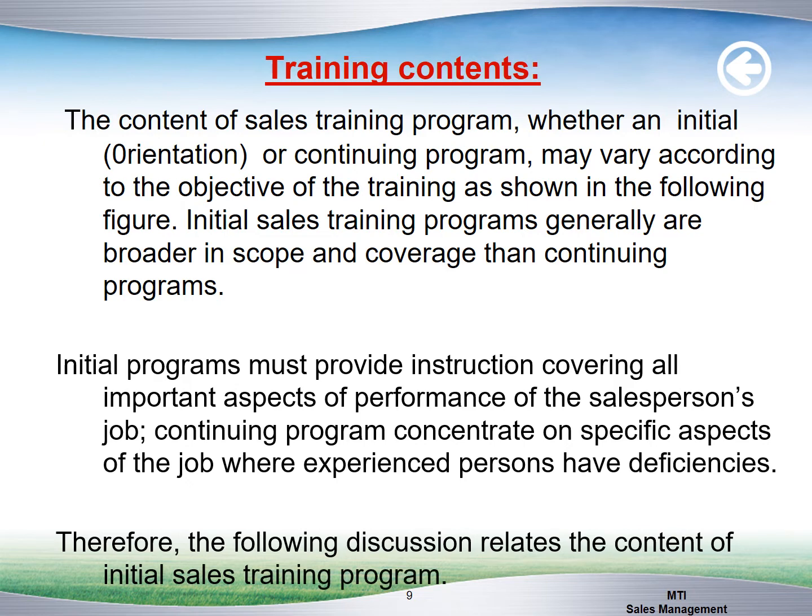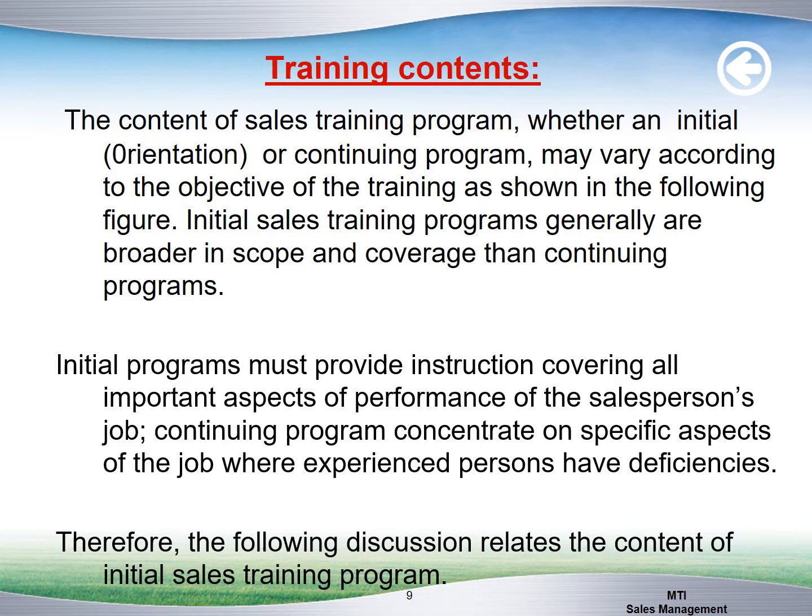And now training content. The content of a sales training program, whether an initial orientation, which is for the beginners, or a continuing program, which is for experienced salesmen, may vary according to the objectives of the training, as shown in the following figure.